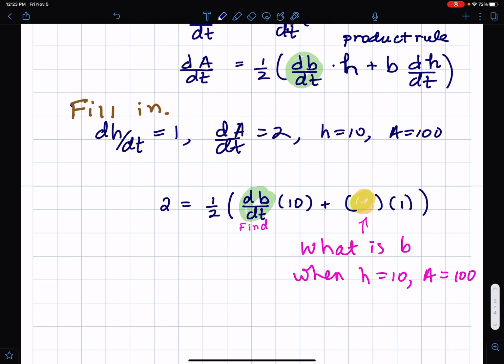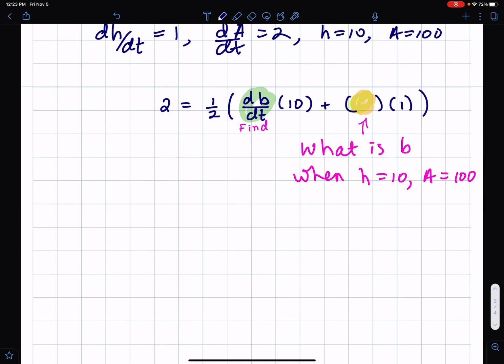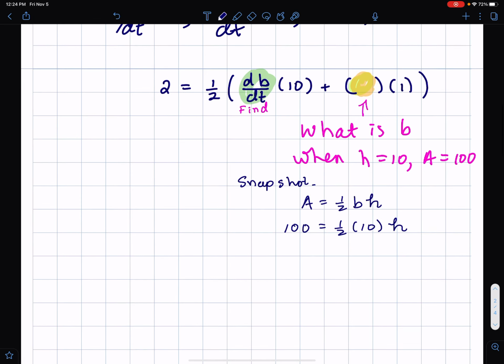This is an aside, our little snapshot. I'm going to use A equals 1/2 base times height, and I think this will not be so bad. I'm going to take A is 100 and put h is 10. I'm going to put those in there, and I'm going to be able to find what b is at that instant in time.